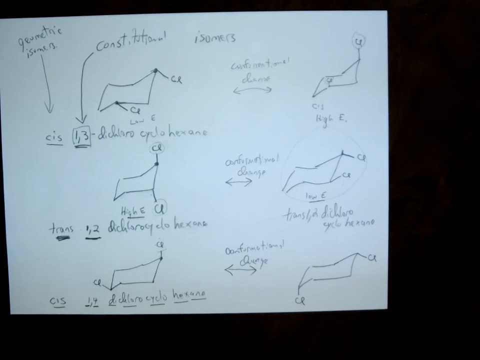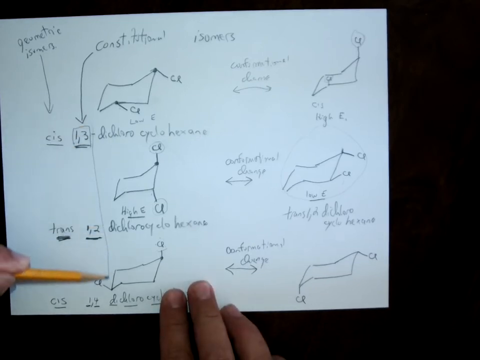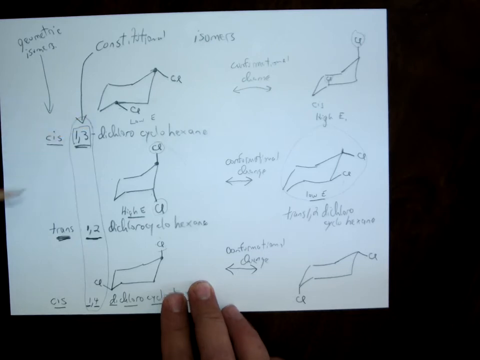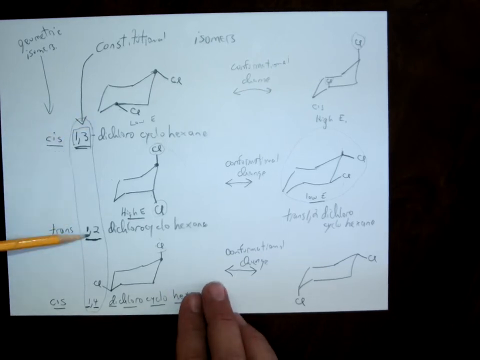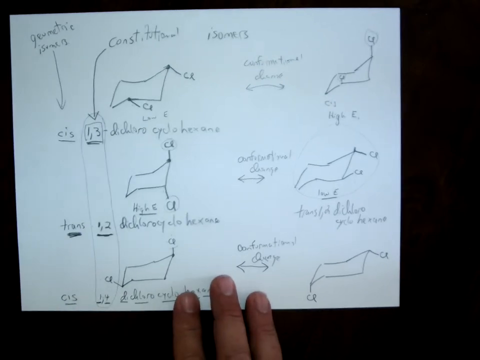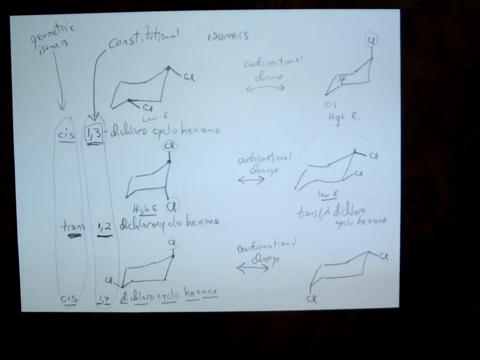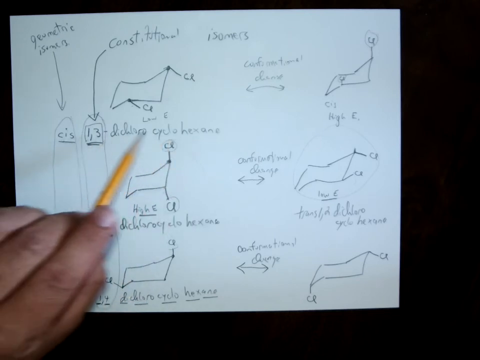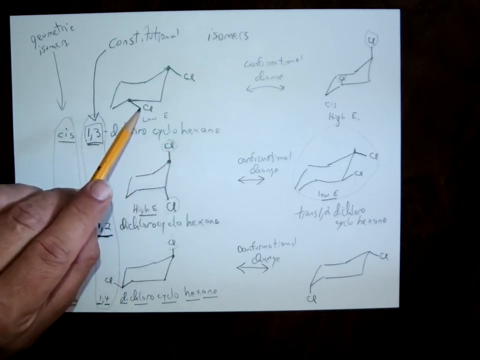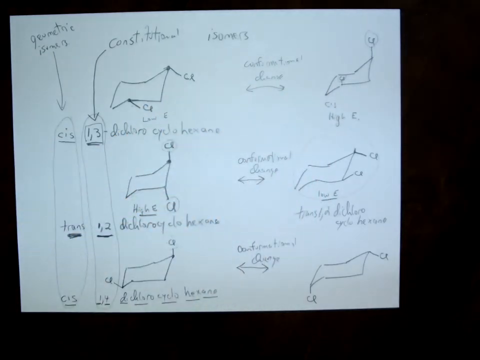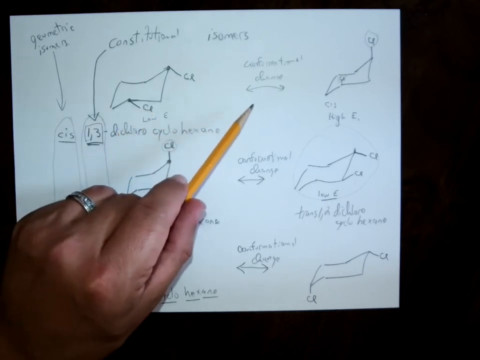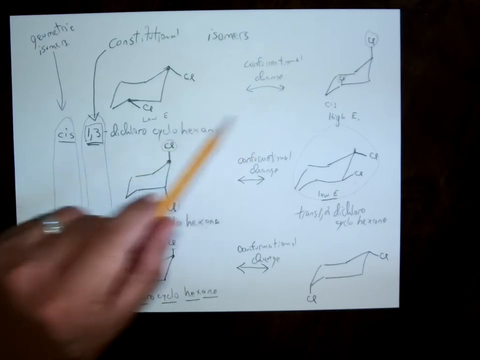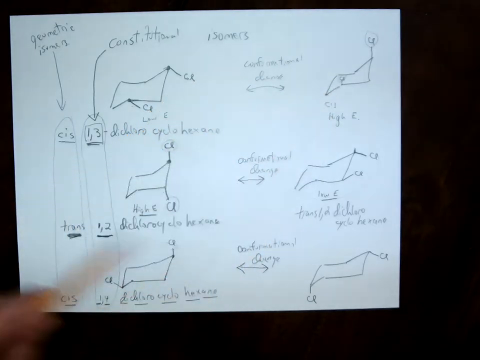Alright, so there it is, the constitutional isomerism in this system, disubstituted cyclohexanes, is designated by the numbering system. The geometric isomerism is notated by the language cis versus trans, and then if you have one molecule in a particular chair conformation, if you undergo a conformational change via the chair-boat-chair interconversion, it's called, you can just put, for an introductory course, some magic happens to turn equatorial positions into axial positions.